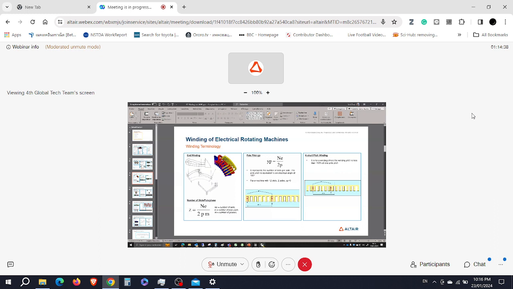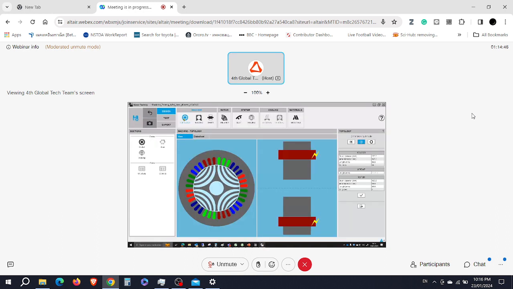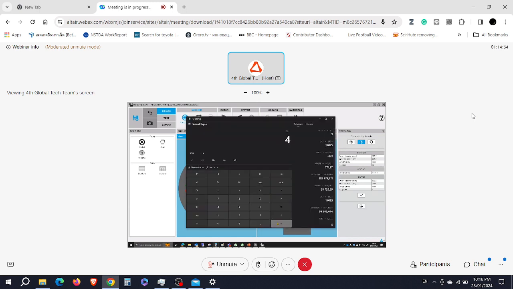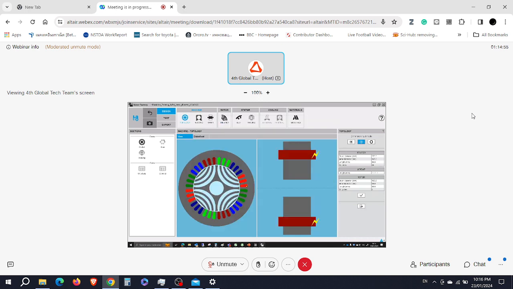In our case, once again, we have 36 slots and 4 poles. So 36 divided by 4, I have 9 slots. So we can count 1, 2, 3, 4, 5, 6, 7, 8, 9, and then you have the input and the output, right? So this is the coil pitch.